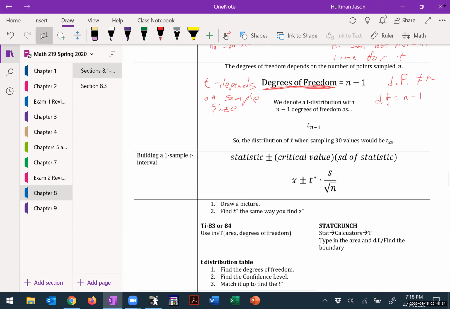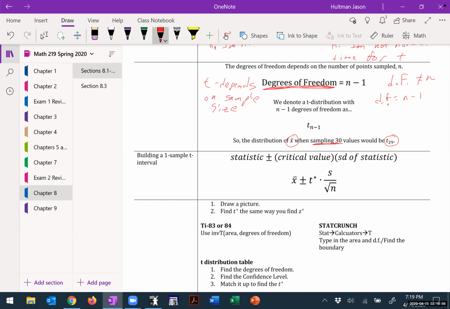Okay. So the distribution of x bar when sampling 30 values would be t sub 29. Why would it be t sub 29? Because it's 29 degrees of freedom. It's t of 29.